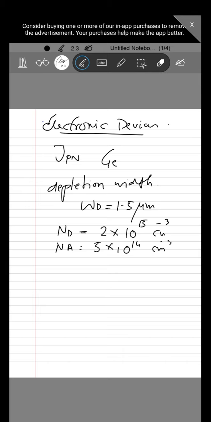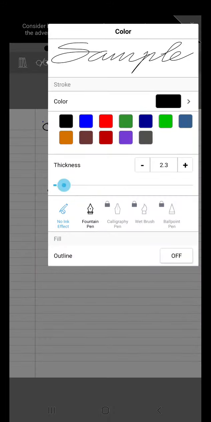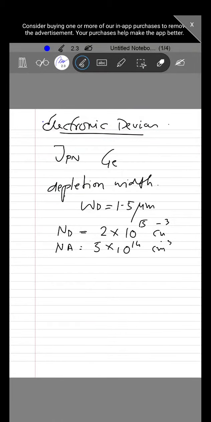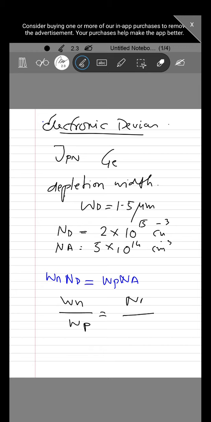Now somebody asks you to find out the width of the P junction. From the relationship, Wn, the width of the N junction, into the donor concentration is equal to the width of the P junction into the acceptor concentration. So we can write Wn by Wp is equal to Na by Nd.